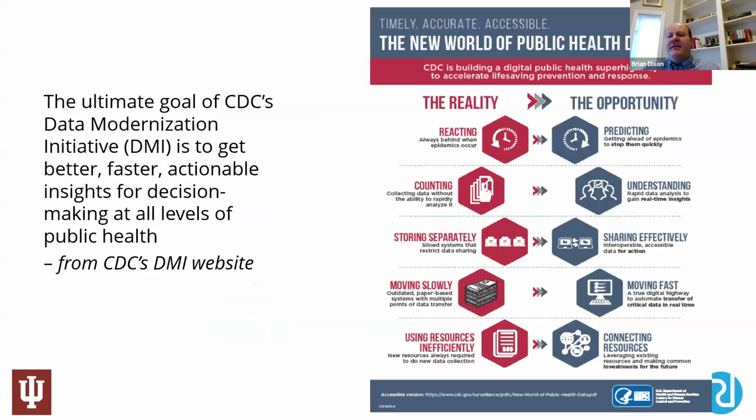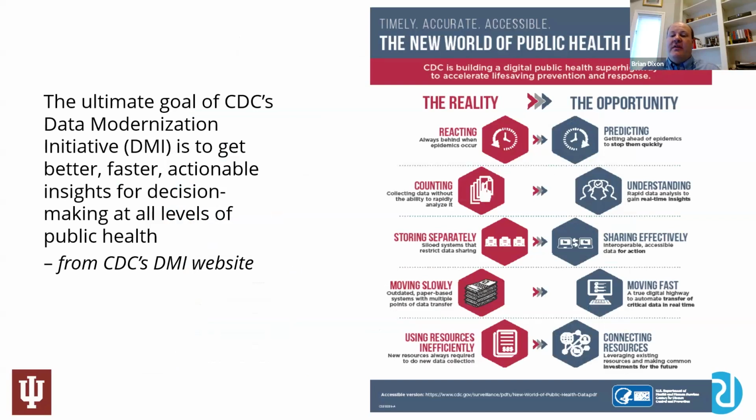So the goal of the DMI initiative is really to get better, faster, actionable insights for decision making at all levels of public health, right? From data. We know that it starts with the data, but it needs to be transformed into information and knowledge.